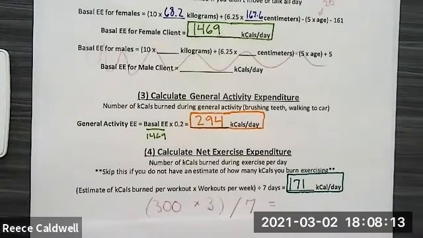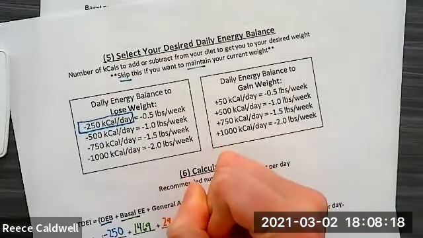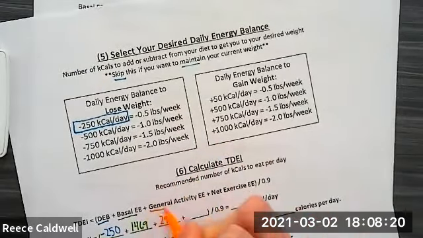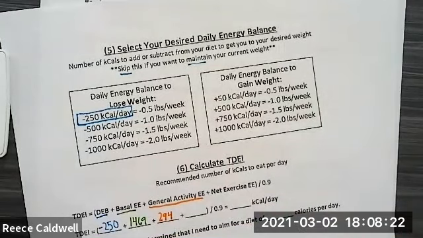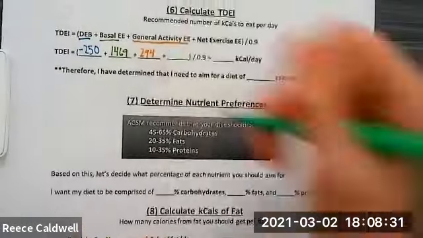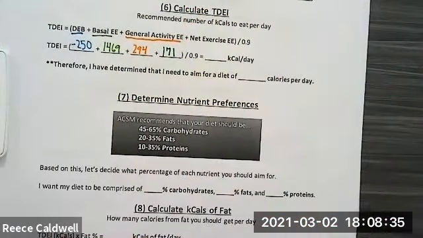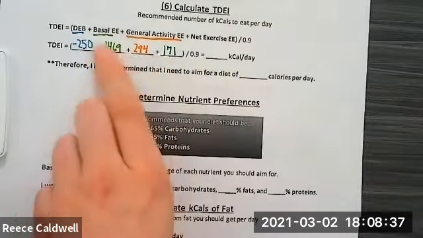Then we have our general activity expenditure, which was 294 kcals. And then our net exercise, our very last step, which we got as 171 kcals. And again, if you did not calculate net exercise, just leave that blank, plug in a 0.